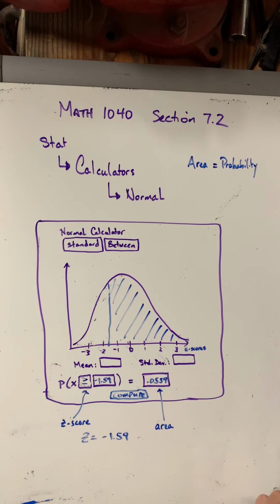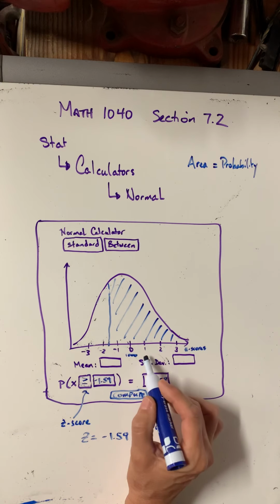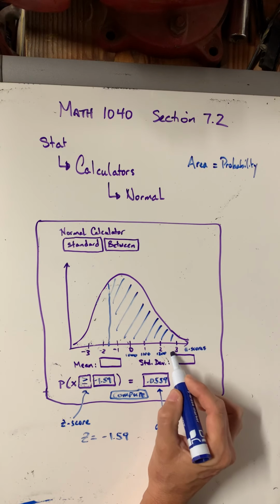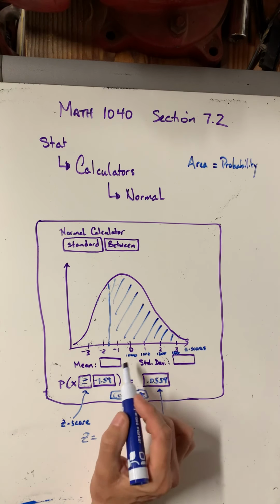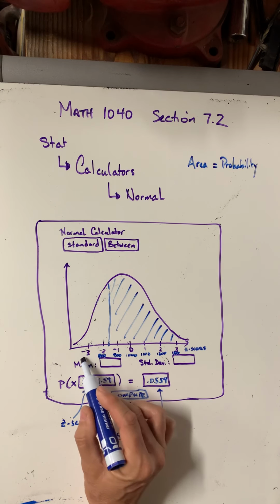X-scores actually had meaning. It'd be like, how many chocolate chips? Maybe I have 1,000 chocolate chips as my mean and 100 as my standard deviation. So this would be 1,100, 1,200, 1,300. Here I would subtract 100. This would be 900, 800, 700.